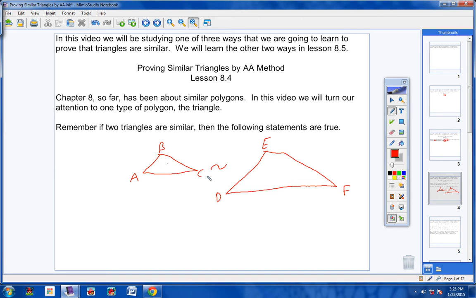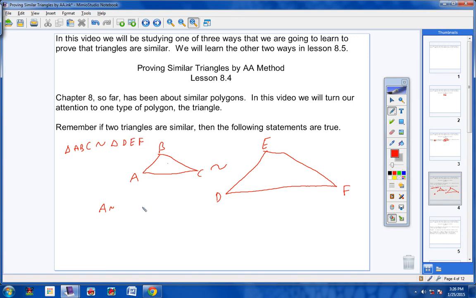If two triangles, or for that matter, polygons are similar, then the following statements are true. First of all, the angles are congruent. So I'm going to go ahead and say the triangle ABC is similar to triangle DEF.